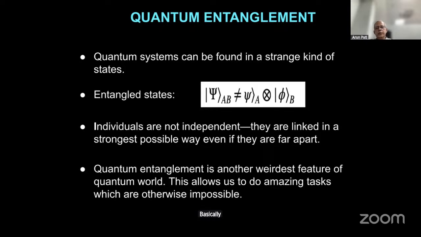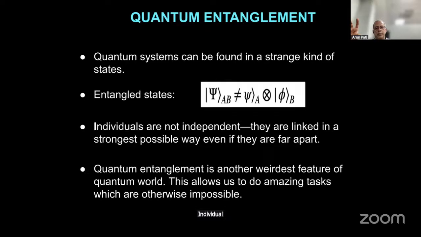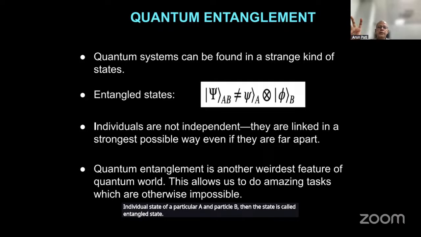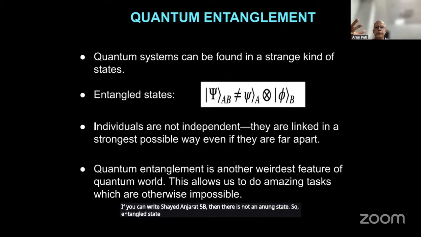Basically, think of a two-particle system, and the joint wave function or state vector of the composite system, psi AB, is not psi A tensor psi B. That means you are not able to write individual states of particle A and particle B. Then this state is called an entangled state. If you can write psi A tensor phi B, then it is not an entangled state. So an entangled state is the negation of this tensor product state.